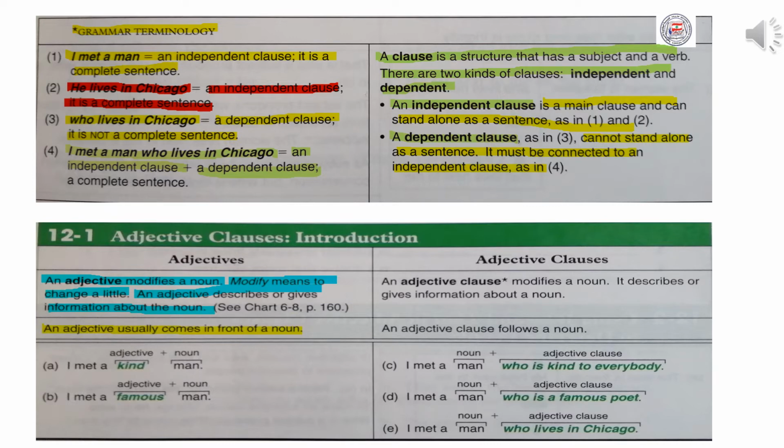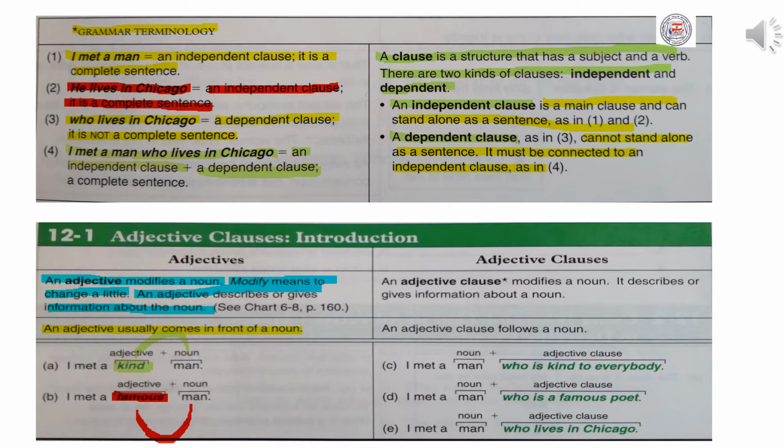For example, in A, I met a kind man. Kind is an adjective that describes the noun man. In B, I met a famous man. Again, famous is an opinion adjective that comes in front of man to give information about the man. So it is an adjective.